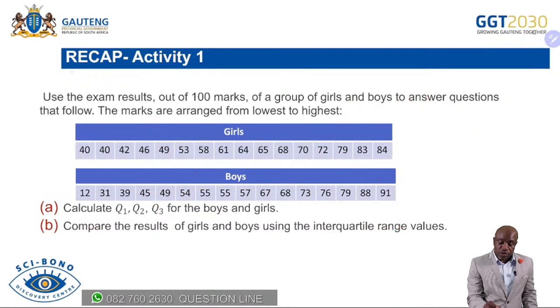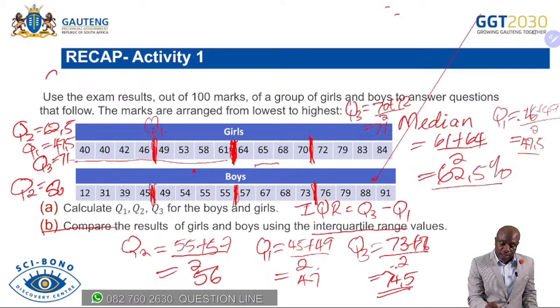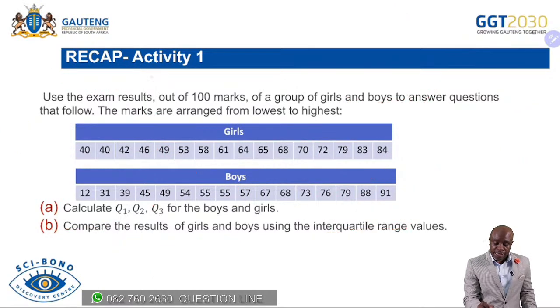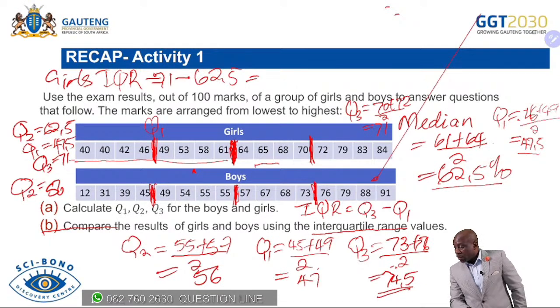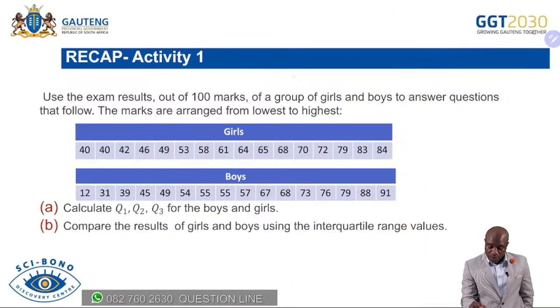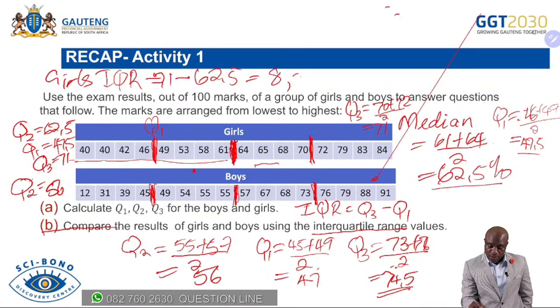Now, I want us to do the girls here, and we look at their IQR, the interquartile range. So it's going to be Q3, which is 71, minus 62.5, and the answer is 8.5. So the IQR for girls is 8.5.